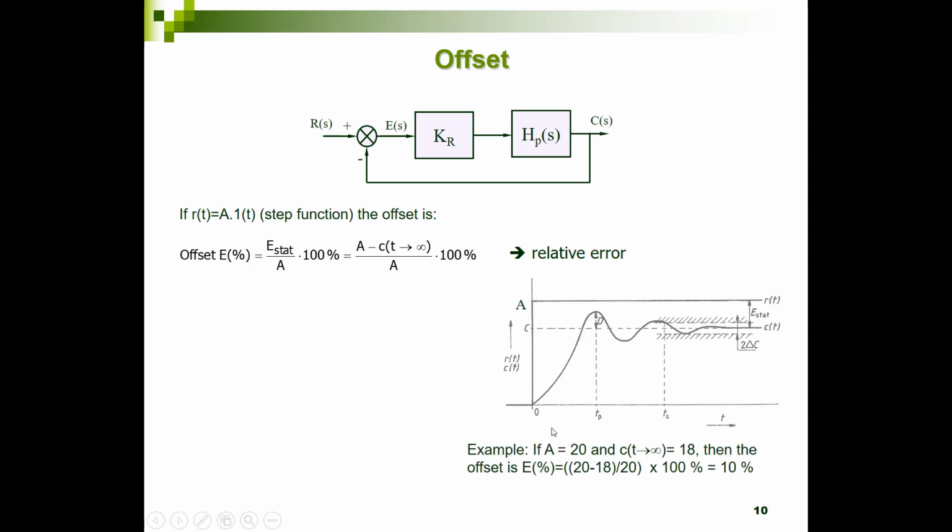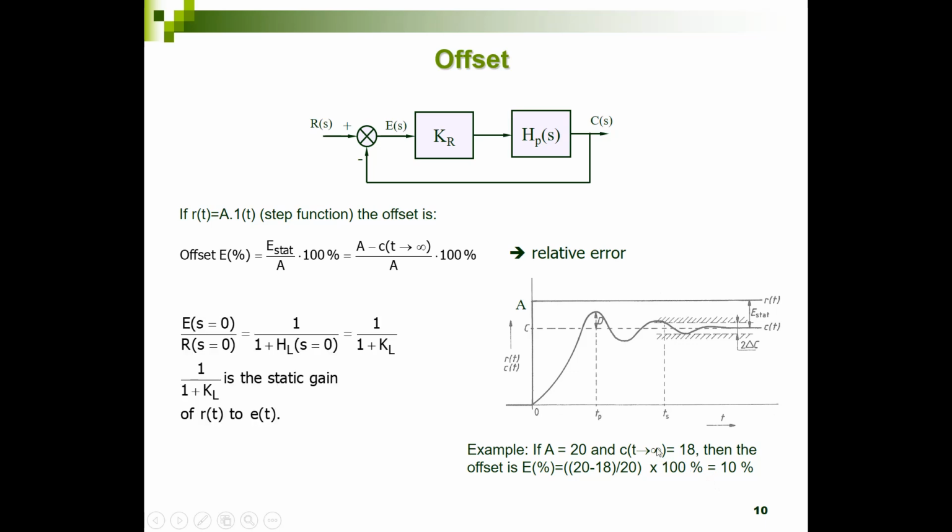An example: if A is 20, I put a step of 20 to the input of my system and the end value in a static situation, so when all phenomena have damped out, is 18, then the difference is 2. So the offset in percentages is 2 related to the step value of 20. So 2 over 20 times 100%, which is equal to 10%.